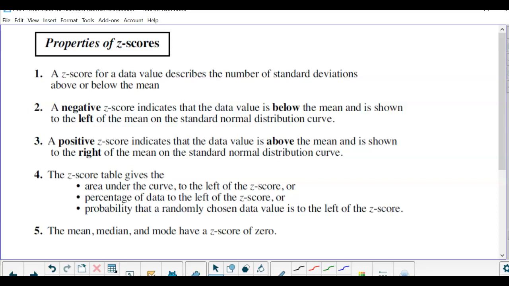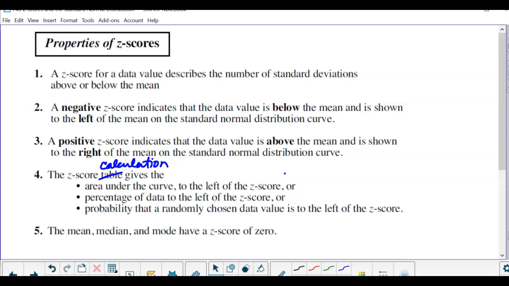Z-score table, you don't have to worry about this. It was needed for the z-score calculation because before we were allowed graphing calculators, we needed some way of calculating all of this, right?